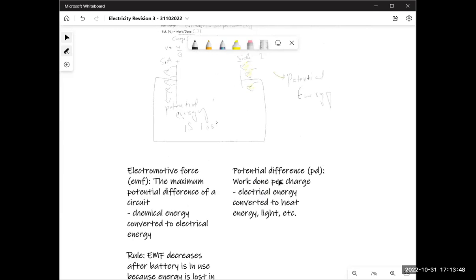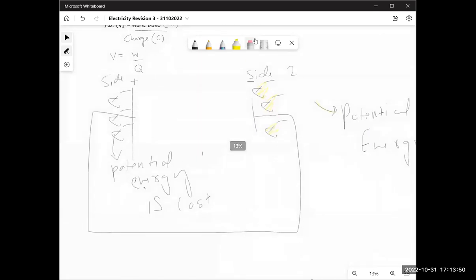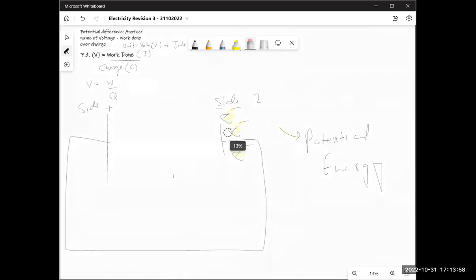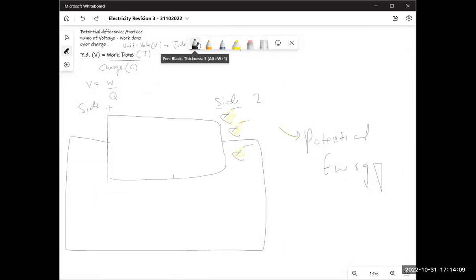Done? Now let's look at this right here. What did I tell you? That they had potential energy right here, right? Now, where do they get this potential energy from? If I imagine this to be a battery, it has a positive terminal and a negative terminal. Is that clear?